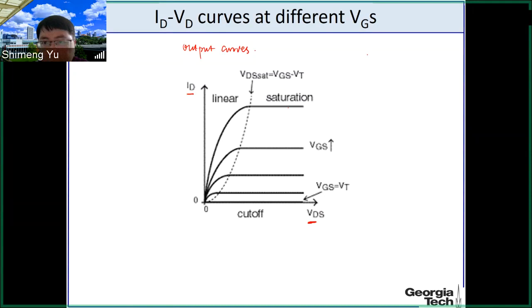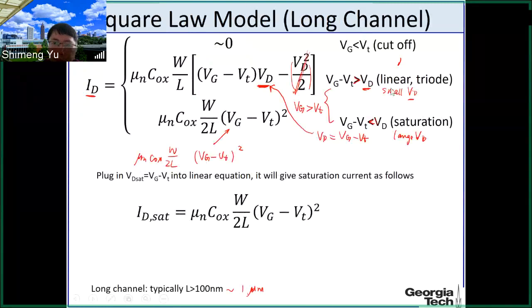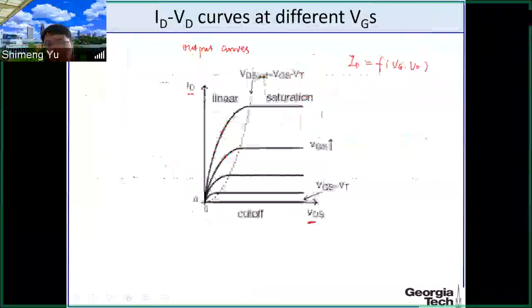But this is a function, ID is a function of, let's say, VG and VD. If you think about the equation here, in the linear region, you have ID, and the variables will be VG and VD. So you have two variables. But when you draw this 2D plot, you can only choose one variable.